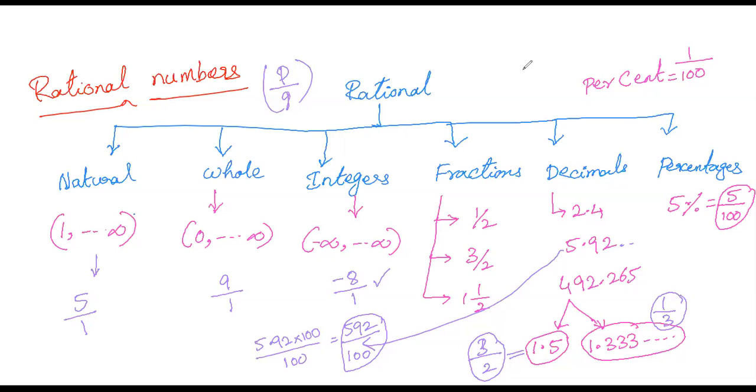So I got a question stating what it is called when it is 1 by 100. So 1 by 100 is a percent, per cent. So cent is nothing but 100. So percent is 1 by 100. So this is also called as what?